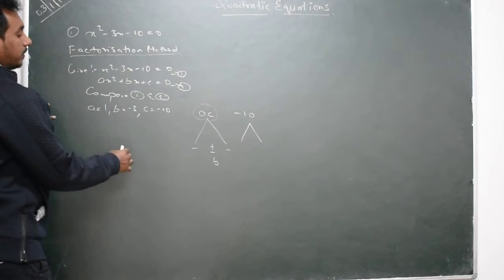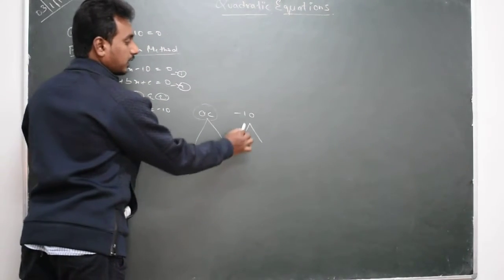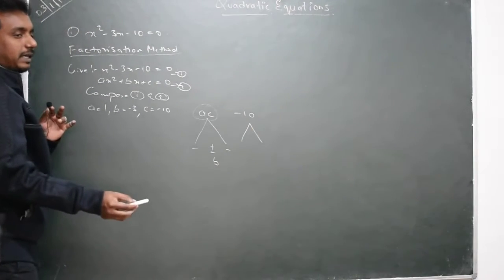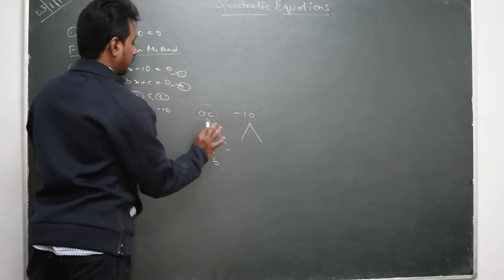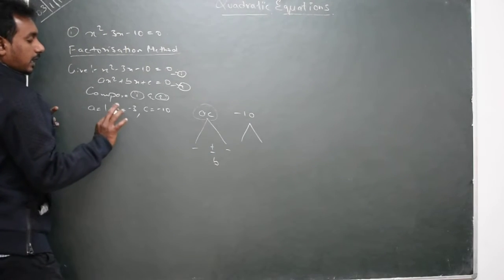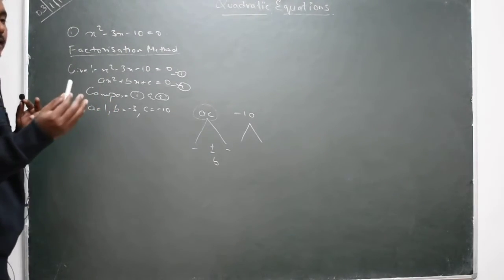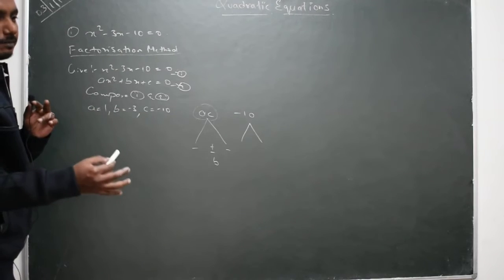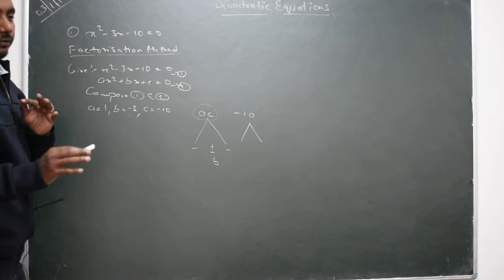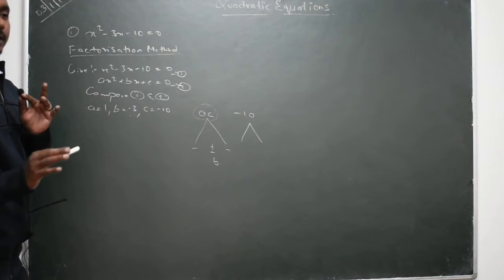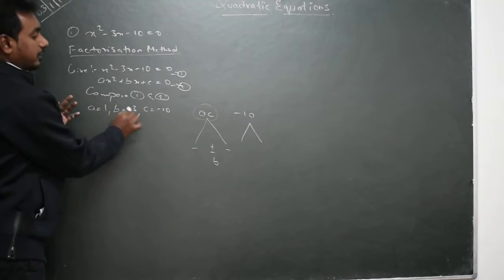Now, I should take two factors of 10: 1 and 10, 2 and 5. 1 plus 10 is 11, 1 minus 10 is minus 9; you won't get minus 3 at all. Say 2 and 5: 2 plus 5 is 7, 2 minus 5 is minus 3. You have a chance of getting this.